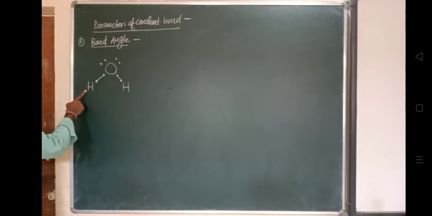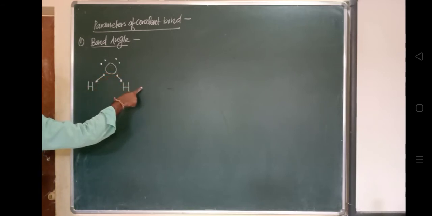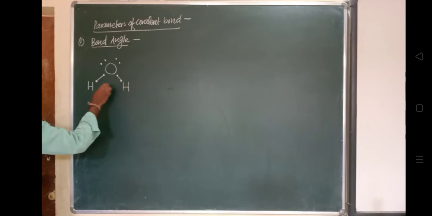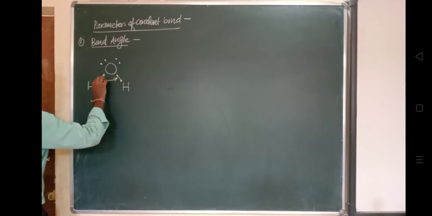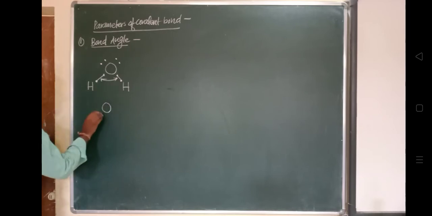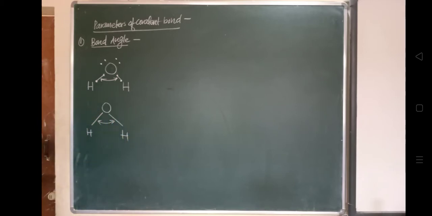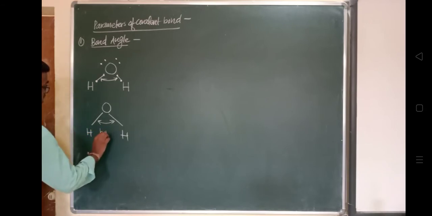Now what is the angle between these two bonds? The angle between these two oxygen-hydrogen bonds will be called the bond angle, because it is forming a covalent bond between the oxygen and hydrogen atoms.